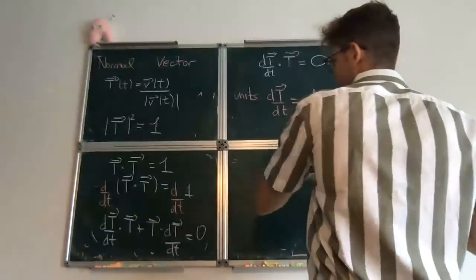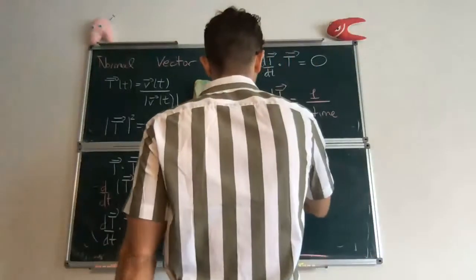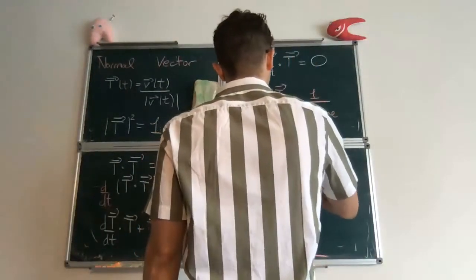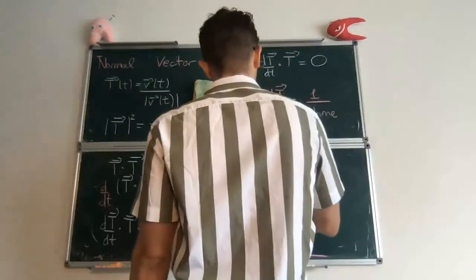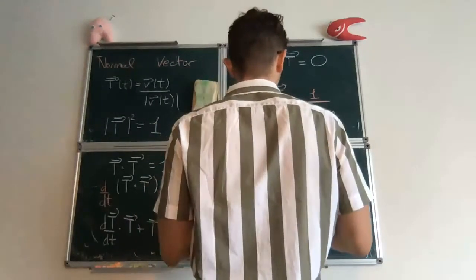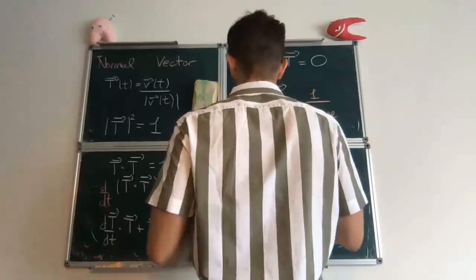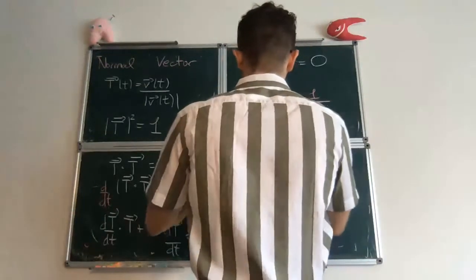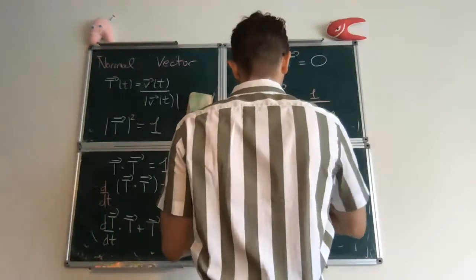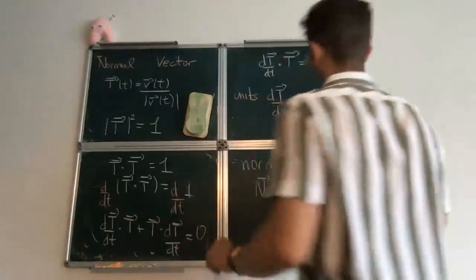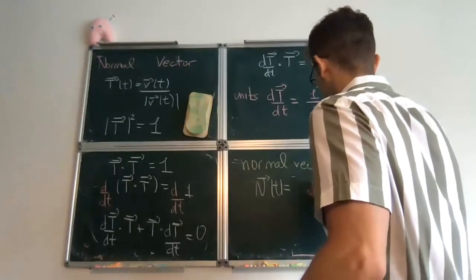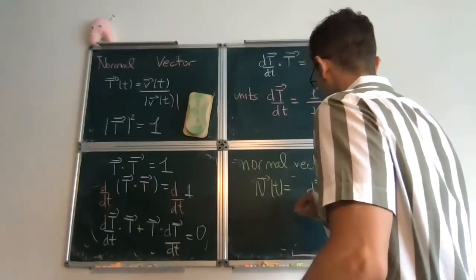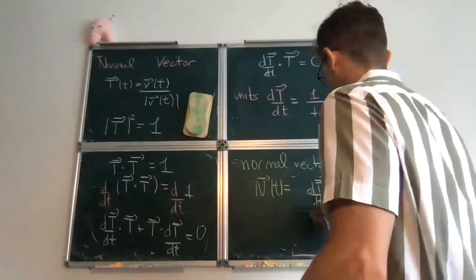And so the definition of the normal vector is just the derivative of the tangent vector, which is really the vector we care about, but now you have to rescale it.